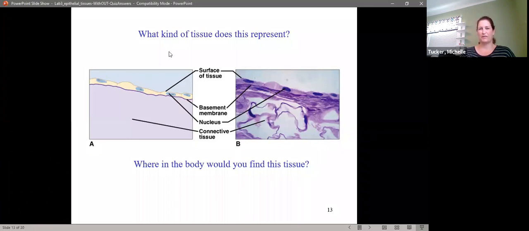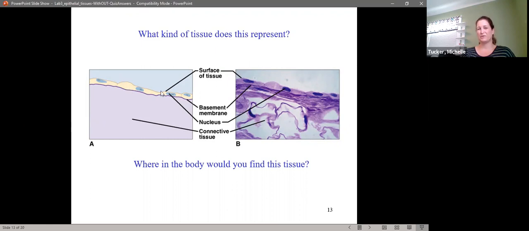So the name of this tissue is you have a single layer, so it is simple, and the shape squamous.